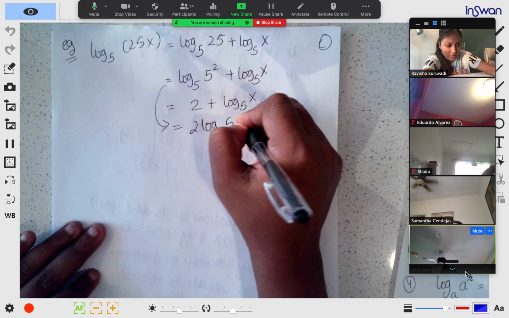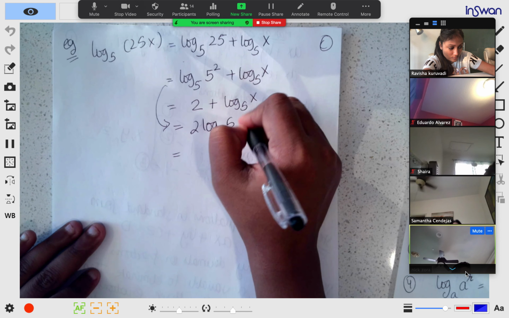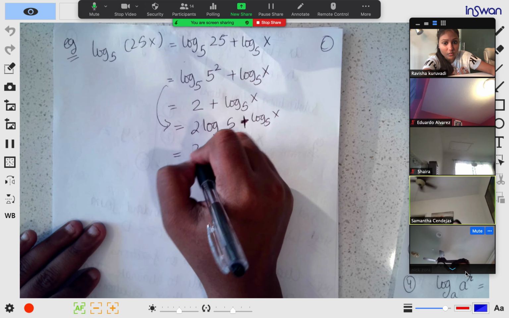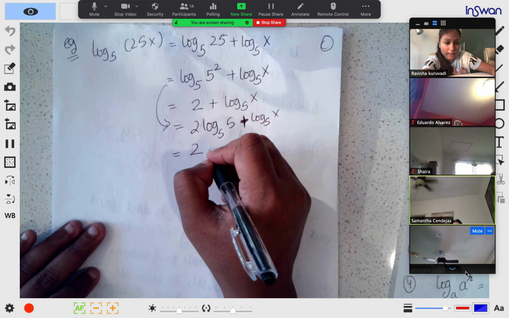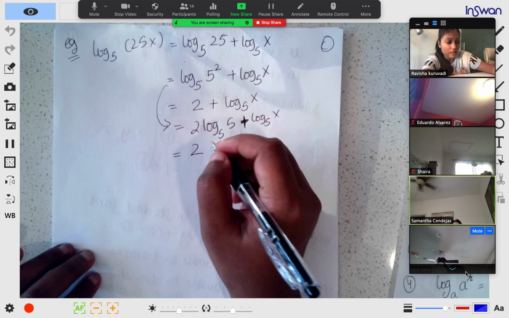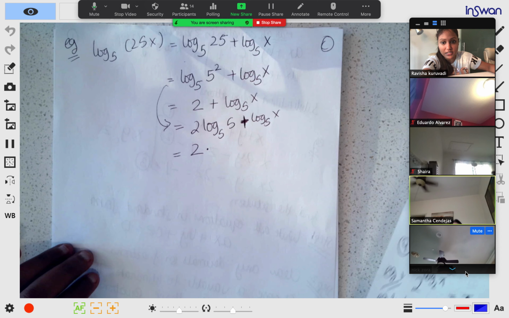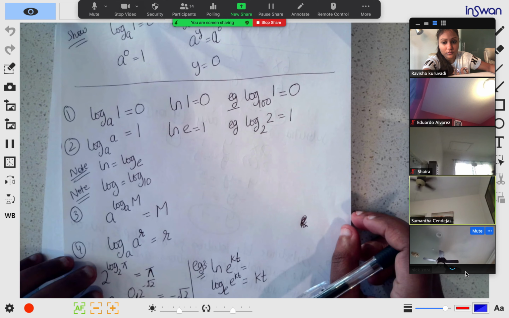And what is log 5 of 5? Same base. What happens when your base is the same and the number is the same? See these properties and tell me. Oh, it's 1.